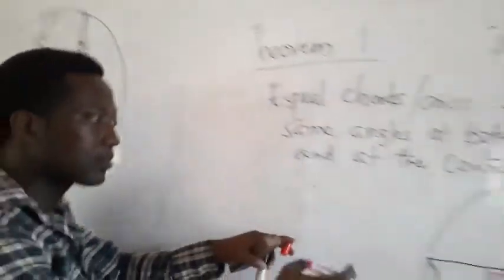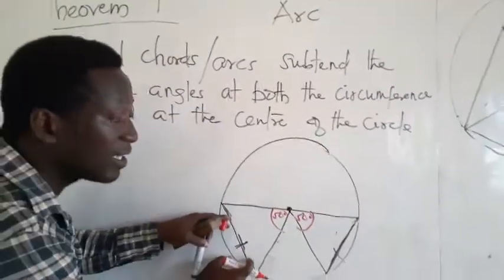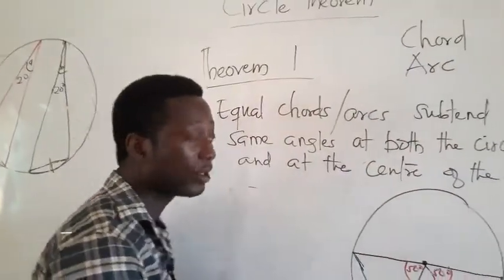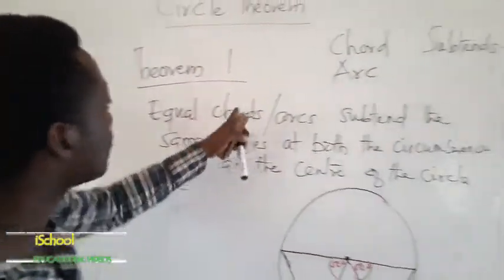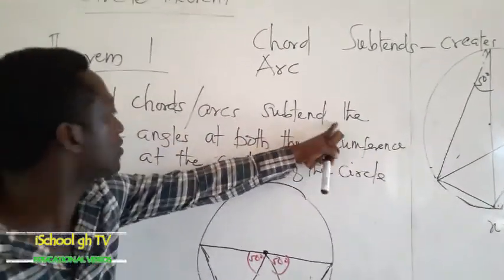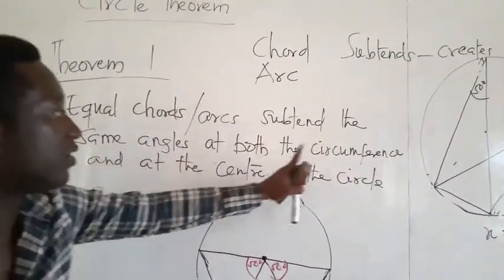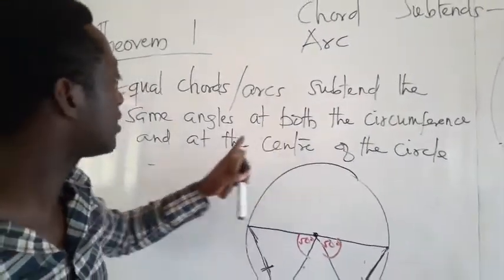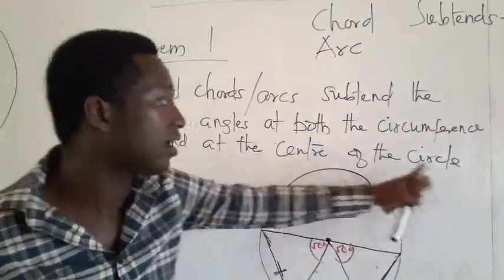It also applies to this one: equal chords subtend the same angle at the center. So not only at the circumference, but rather at the what? Center. So getting back to the theorem, equal chords or arcs subtend the same angles at the circumference, as we can see from here and here, and at the same time subtend the same angles at the center of the circle.